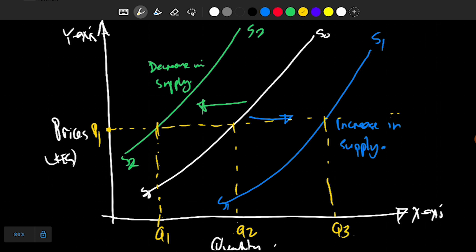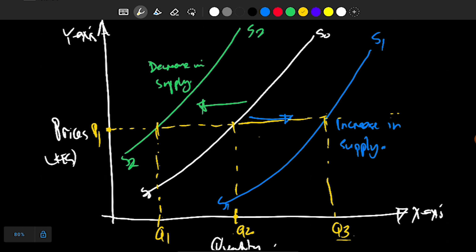So for P1, in correspondence to our very first supply curve, we will be at quantity supplied Q2. But when supply increases at the same price, when we move from S0 to S1, there has been an increase in supply without a change in price. So at the same price, the quantity supplied has increased from Q2 to Q3. That's an increase in supply.